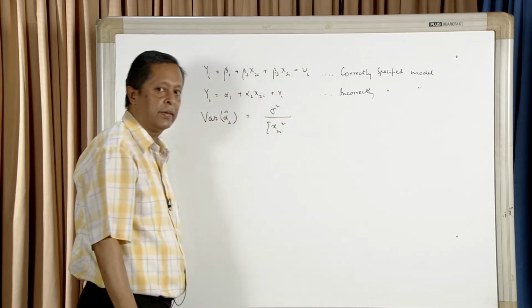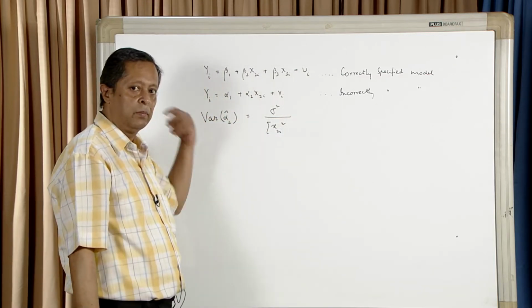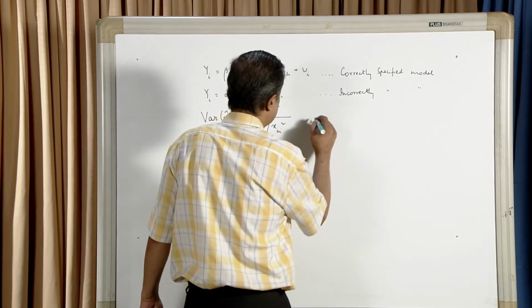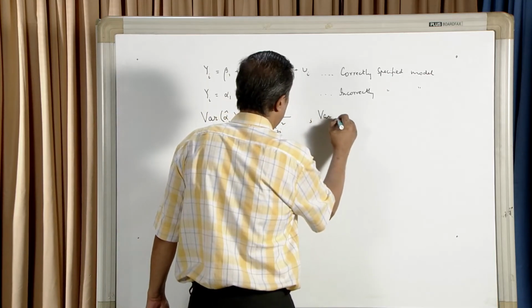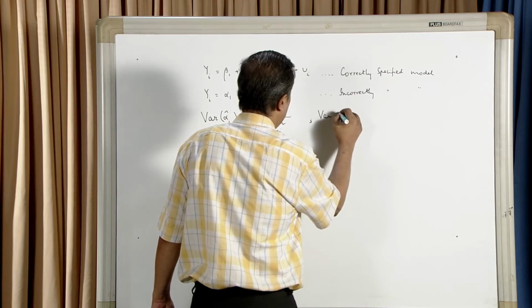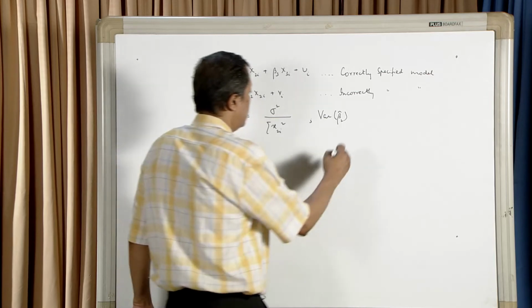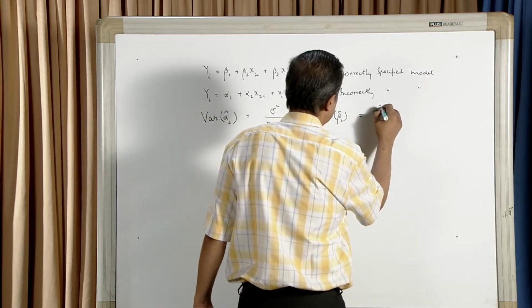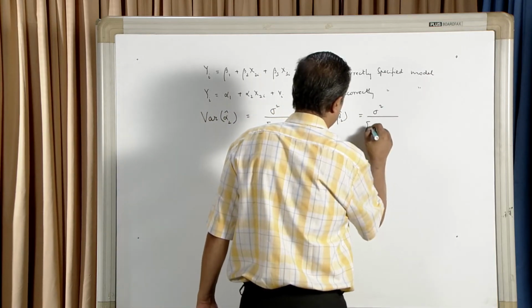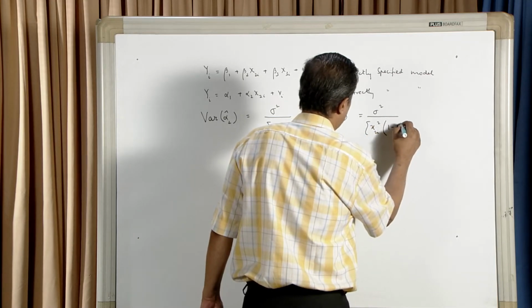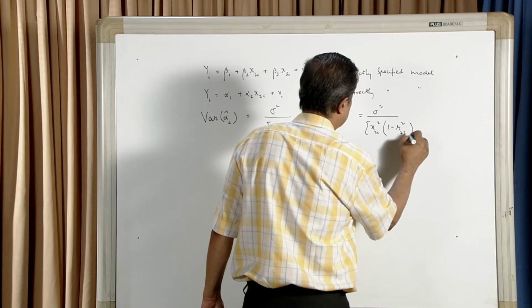That is a very basic result that we have seen in the earlier modules. Whereas the variance of beta 2 hat, which we would have obtained if we had correctly specified the model, would be sigma square divided by summation x2i square corrected for the correlation between x2 and x3.